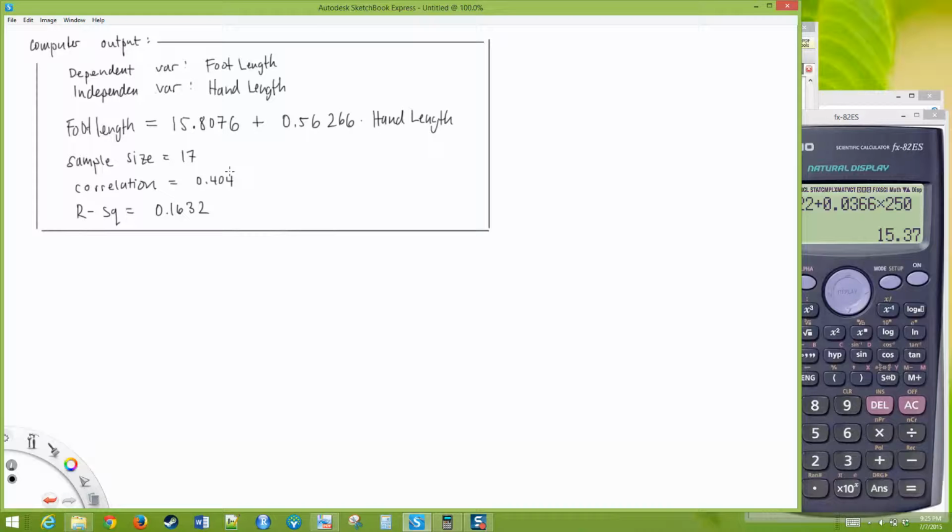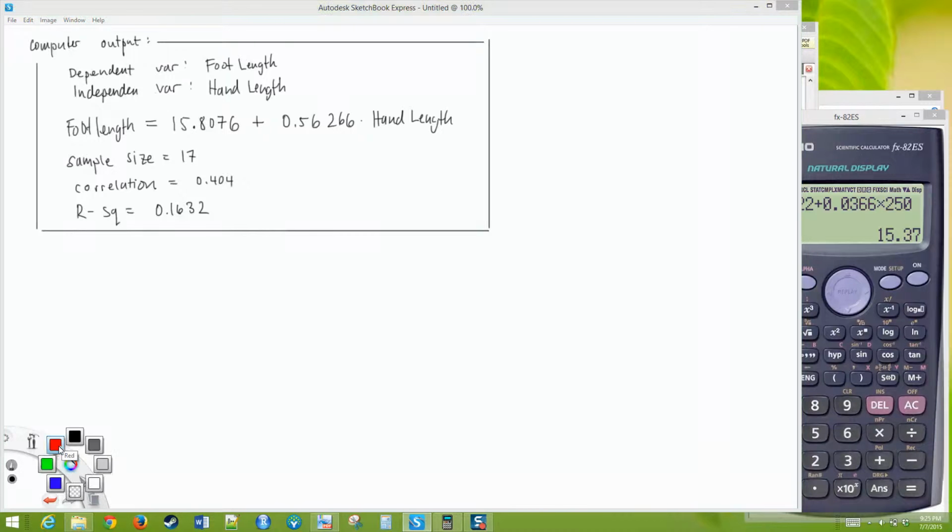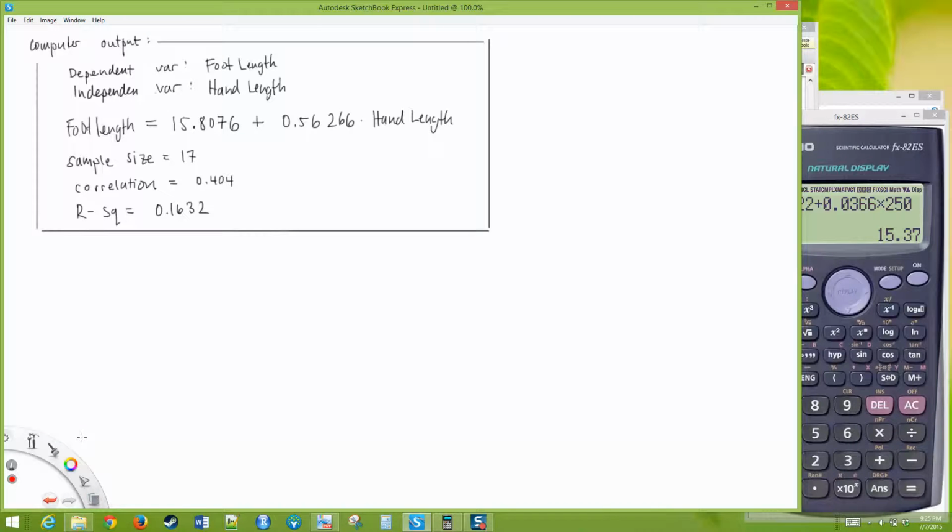Okay, so using this, I have no idea if these are being measured in inches or feet or centimeters. In centimeters, everything's in centimeters.